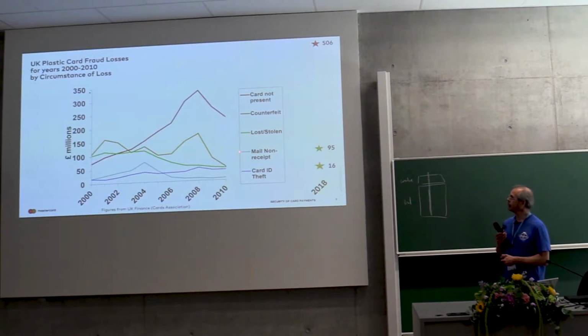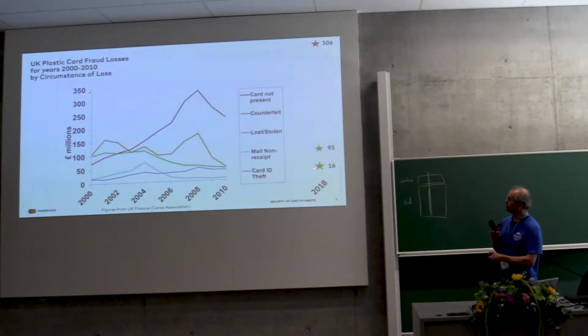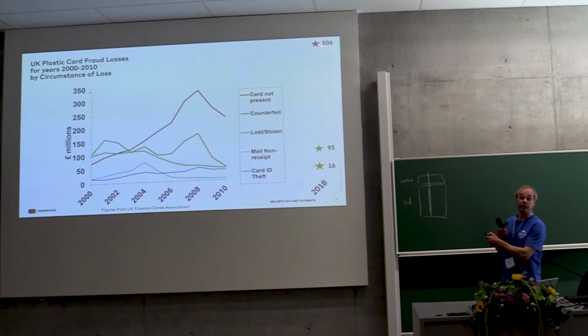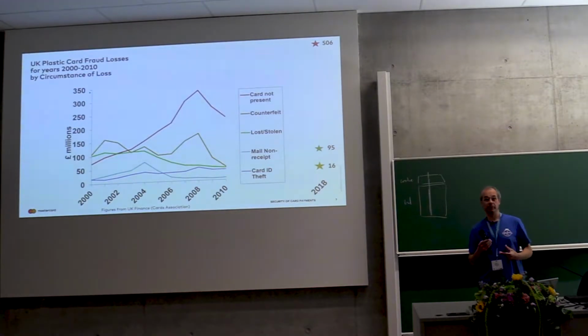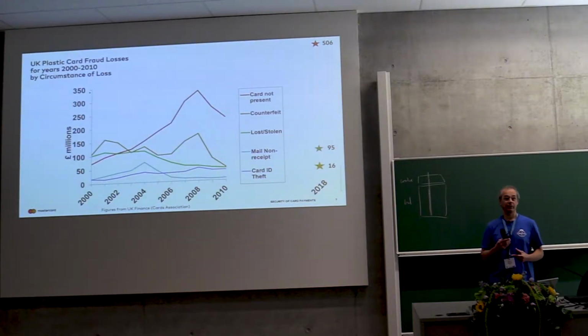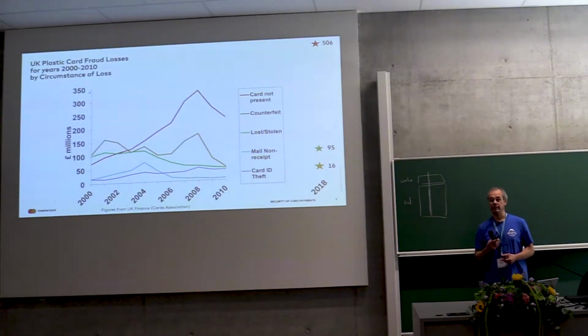But if you look over here on the right-hand side at last year's figures, you see although counterfeit and lost and stolen are relatively under control, card not present is way up there. Bearing in mind, of course, that part of this is the sheer volume of e-commerce transactions has increased so dramatically over the last 10 years.